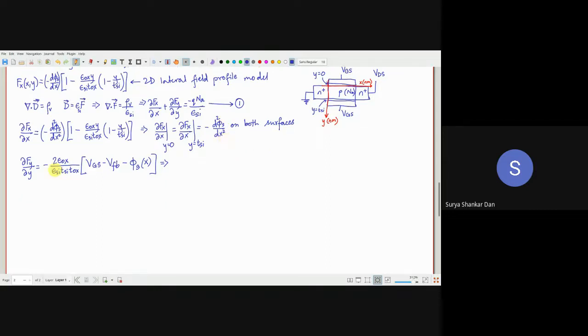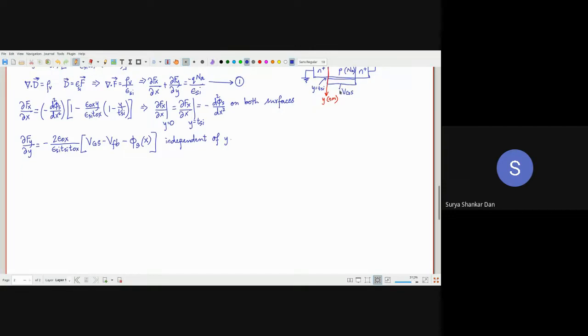Okay, so notice that this relation is independent of y. Okay, so that means this rate is the same all throughout this device thickness.